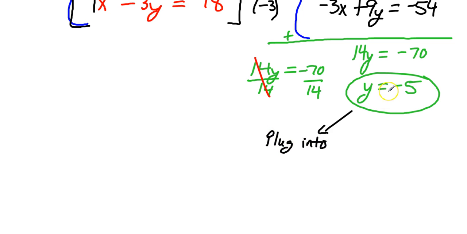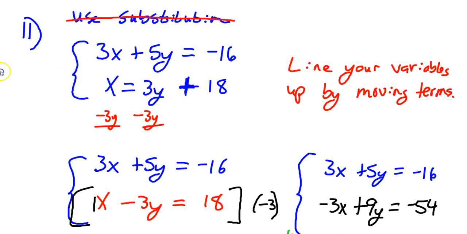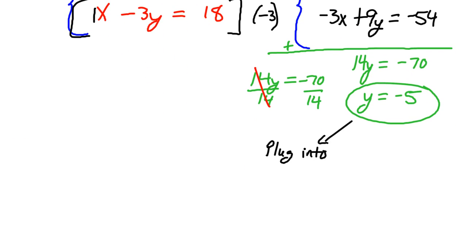Okay, and then pick an equation to plug in the y equals negative 5. And the good thing about this one is if you go back to the very original, this is going to be your best one to pick because you've already got the x's and y's separated. So x is 3y plus 18.